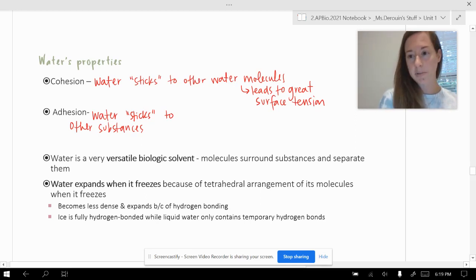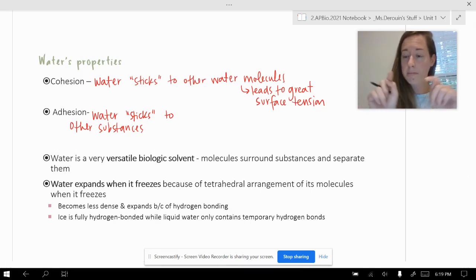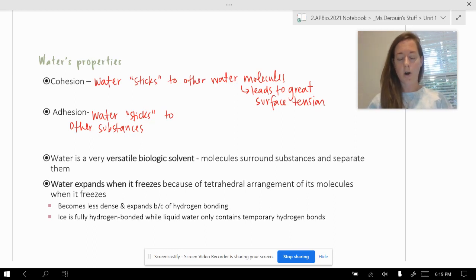An example of this is when you're measuring, and you guys know you have to measure with the meniscus. The reason you have to do that is because the water is adhering to the sides of the graduated cylinder or test tube, whatever you're measuring. Adhesion is also really important for water being able to move up the trunks of trees and the stems of plants. I'll show you that in a few minutes as well.